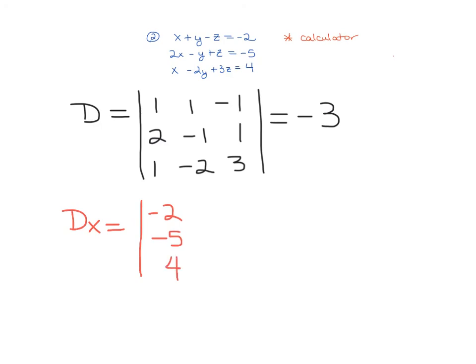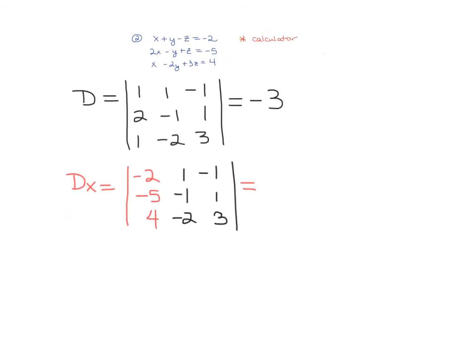My y and my z columns stay the same. 1, -2, -1, positive 1, and 3. Again, I'm going to key this in my calculator and get the determinant value for Dx. Once you key this in your calculator, you should get 7.